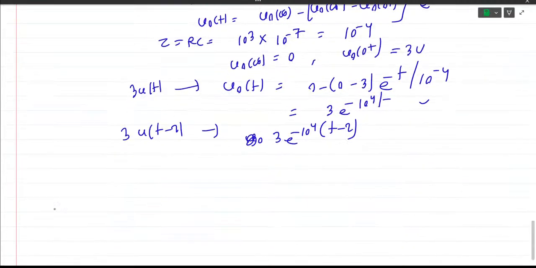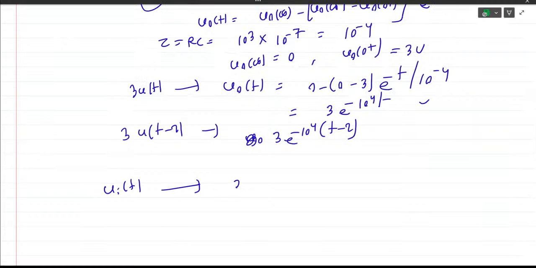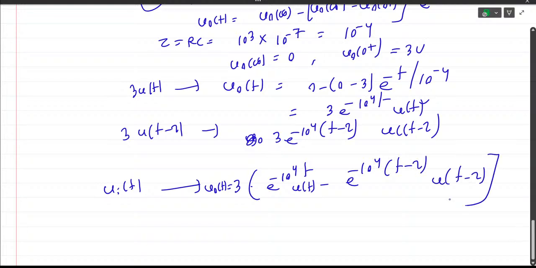So using the property of linearity, for input vi(t) as shown in the graph here, v0(t) will be 3 [e to the power minus 10 to the power 4 t u(t) minus e to the power minus 10 to the power 4 (t minus 2) u(t minus 2)]. This is the solution.